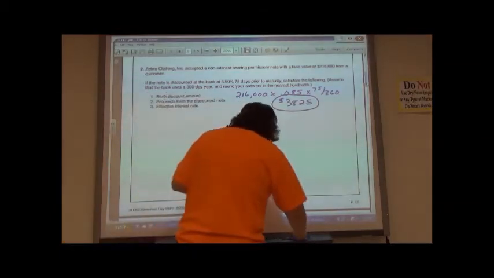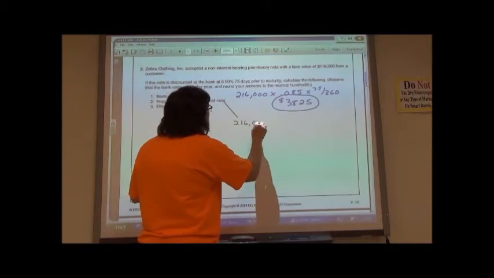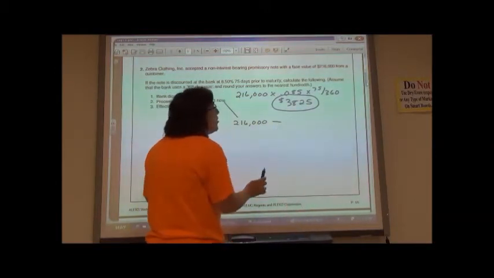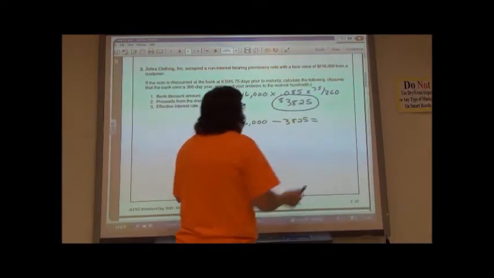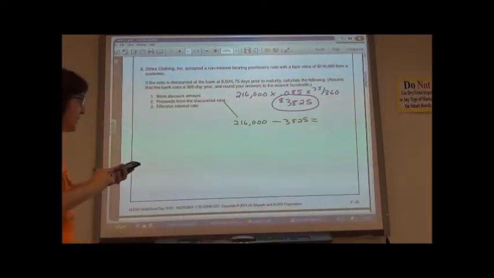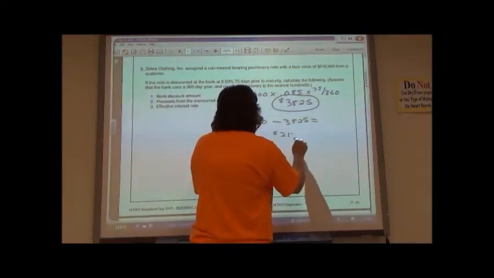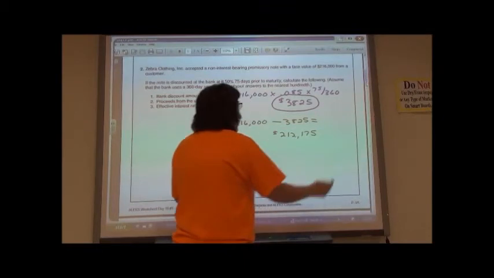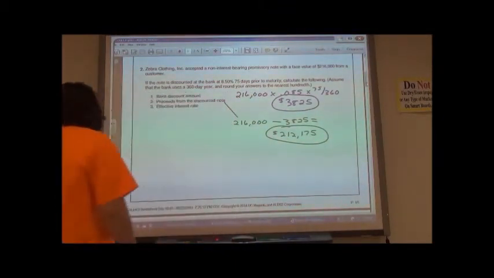My proceeds from my note then, I'm going to take the $216,000 it was worth. I'm going to subtract off my discount, $3,825. So I'm actually going to collect, when I subtract, $212,175 is what I get to collect on.